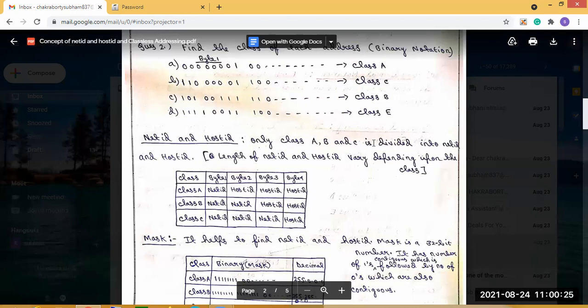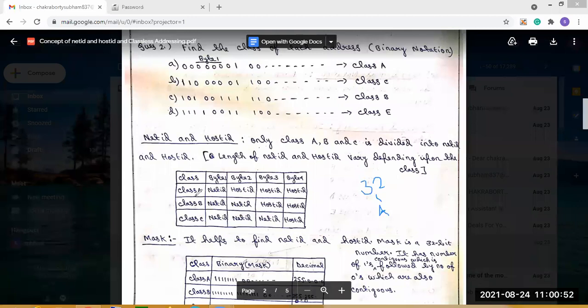So here you see we have prepared a table, and in this table there are byte 1, byte 2, byte 3, and byte 4. Why do we write that? Because IPv4 is 32-bit, and 32-bit means 4 bytes.